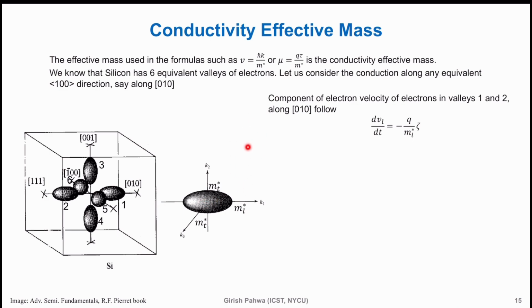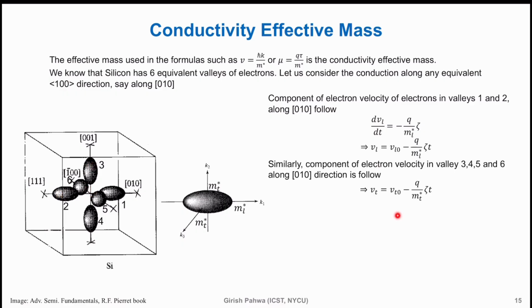This is definitely not along the longitudinal direction, it is exactly perpendicular to that. So which effective mass is there? Transverse effective mass. And for this and this, they will also be transverse. So for all four of them, you will use the transverse effective mass.